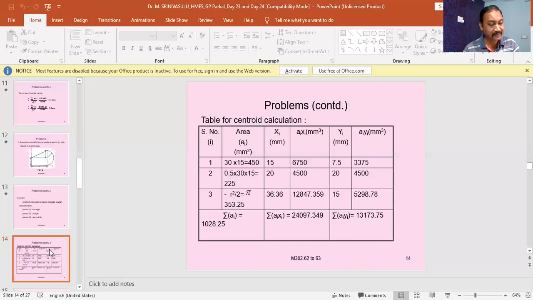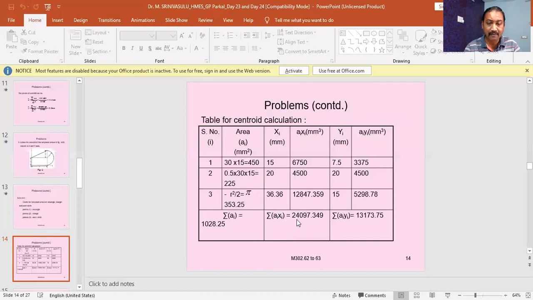Now we got all the terms. Here there is no question of subtracting because there are no cutout parts, so all are adding, all are composing the given figure. So these three standard figures are combined to form the composite figure. Therefore we should add, so sigma ai is equal to the total area becoming 1028.25 square millimeters. Now the sigma ai into xi, that is nothing but a1 into x1 plus a2 into x2 plus a3 into x3.